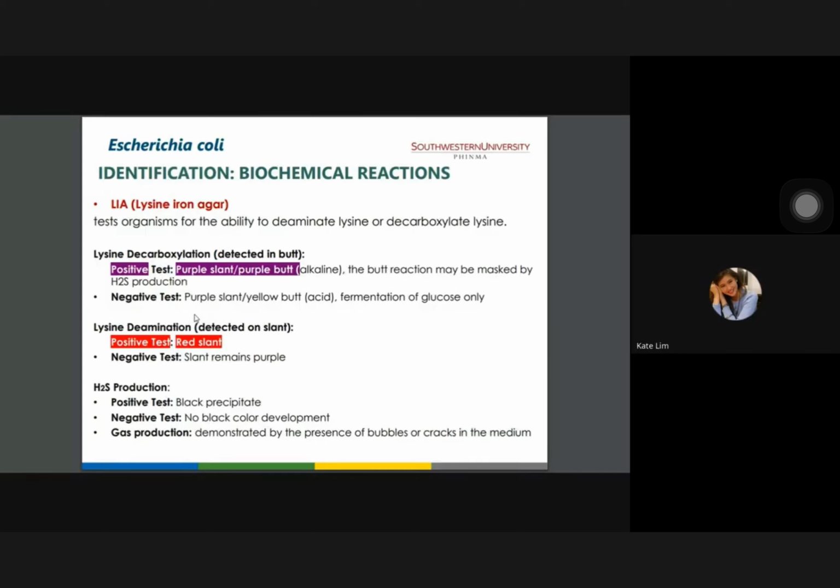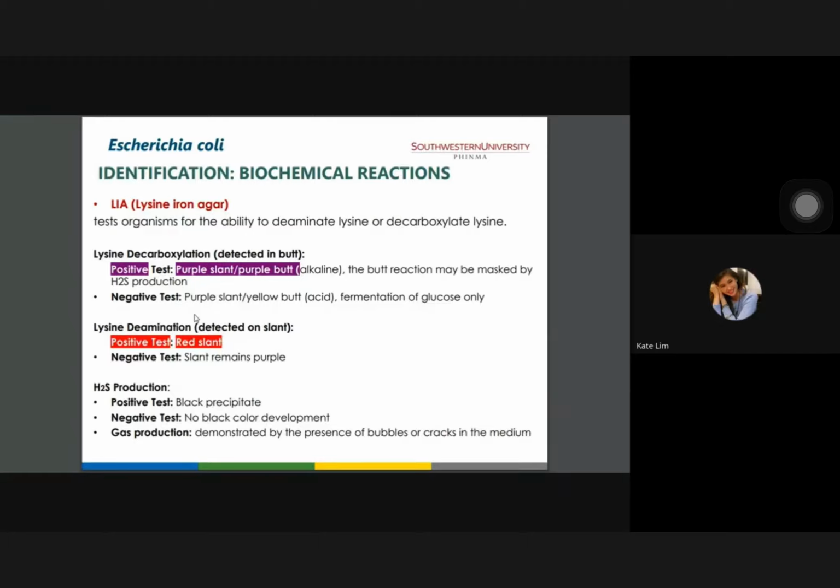Cadaverine neutralizes the acids formed by glucose fermentation, which is found in the butt. If there's cadaverine, it would revert the medium to its alkaline state, to purple.